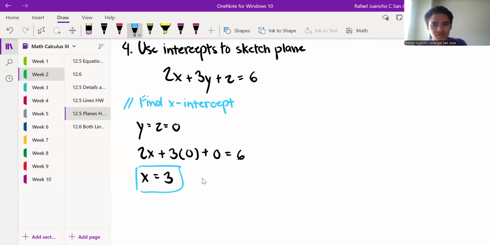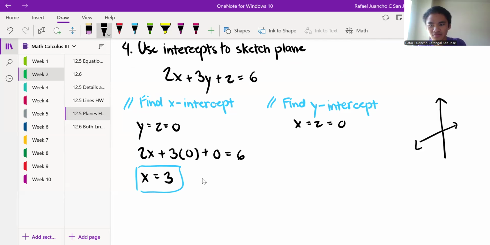So that's our x-intercept. Let's find our y-intercept. This is one of those quick problems. To find the y-intercept, we make x and z 0, right? Because to be on the y-axis, say this is the y-axis, this is z, this is x, then this point is just some y value, but x and z are 0.